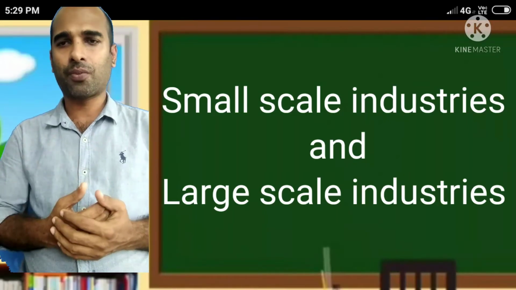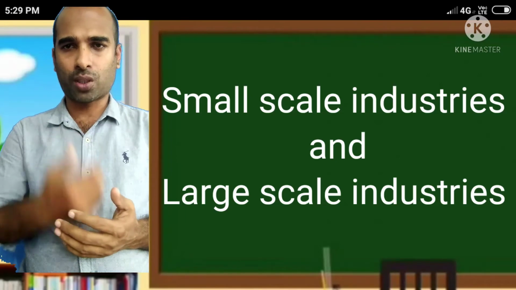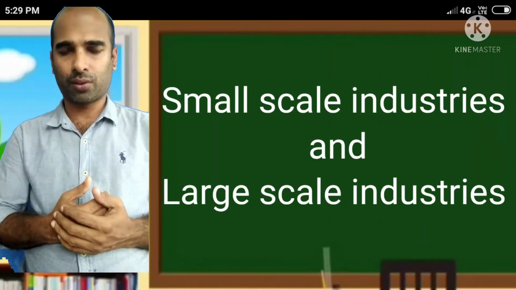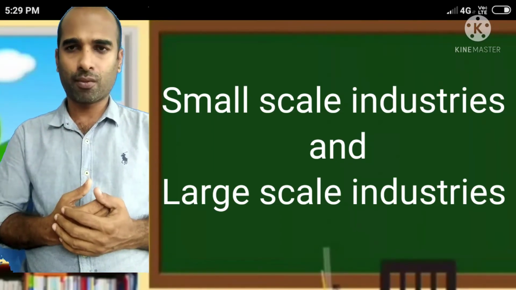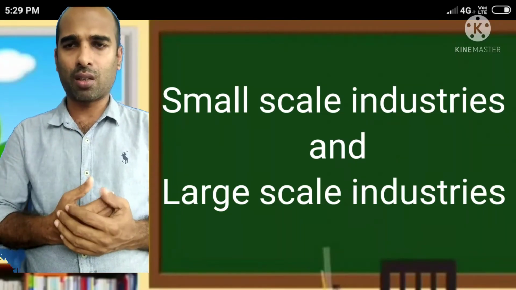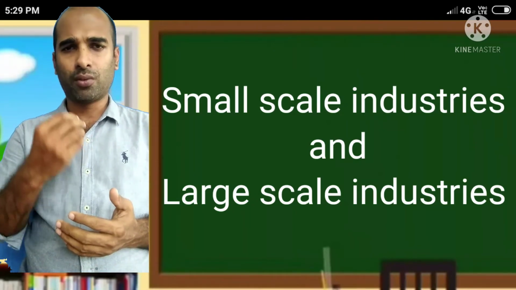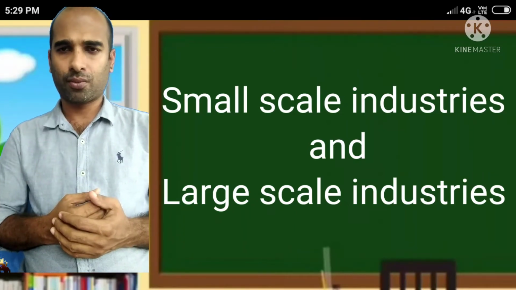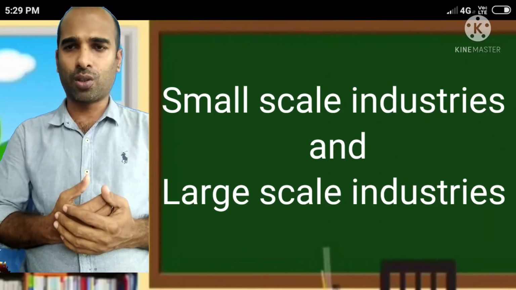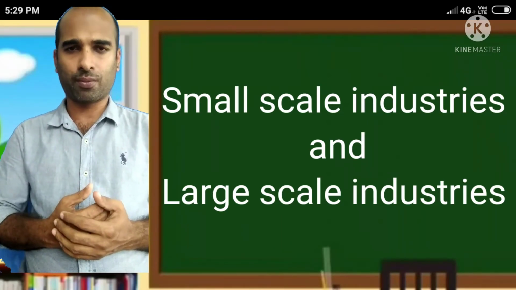For example, basket weaving, pottery, and other handicrafts. Mainly in the small scale industry, the products are manufactured by hand. Maybe small types of machinery are used. In small scale industry, it uses a lesser amount of capital and technology.